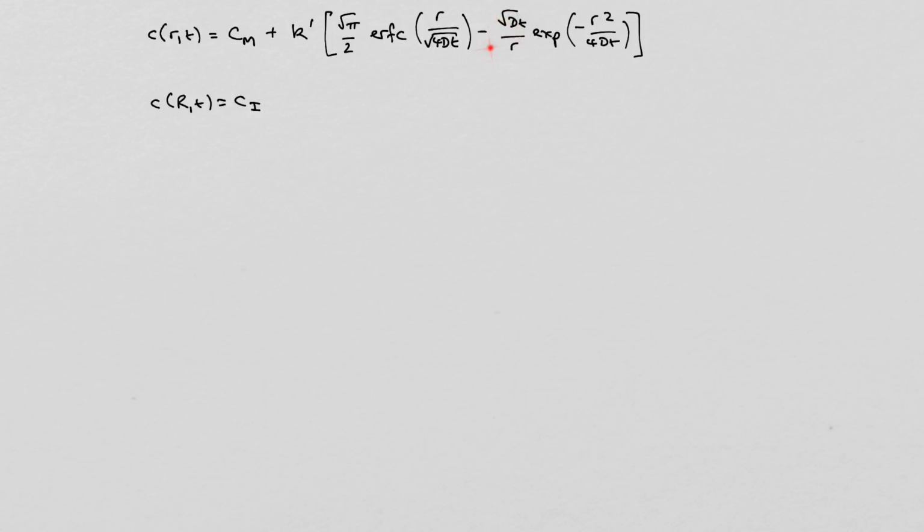Well, the 4's gone, but it's still r over root Dt there, r over root Dt all squared there. So in other words, that enables you to draw the same conclusion, that you want big R to be lambda times the square root of 4Dt. Okay? So again, we find that the size, the radius of the spherical precipitate scales with the diffusion length.